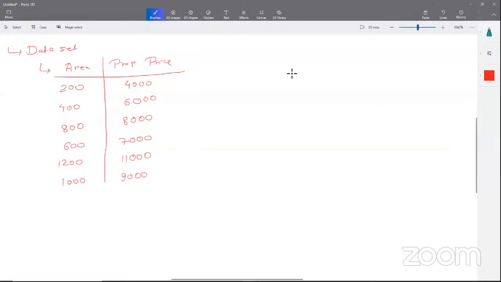Now using this data, what we can do is let's plot this first. Say on the x-axis we have area, and on the y-axis we have price.